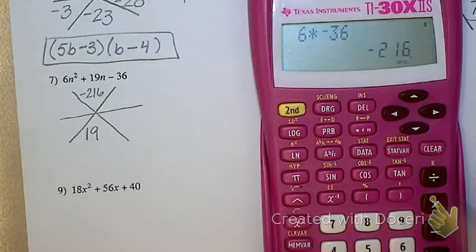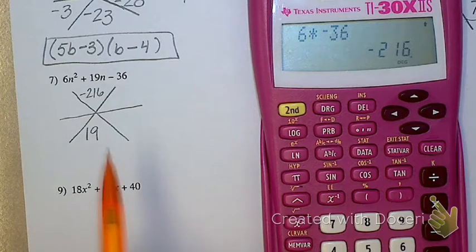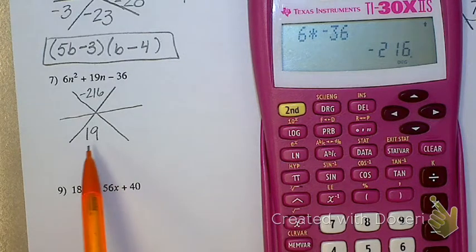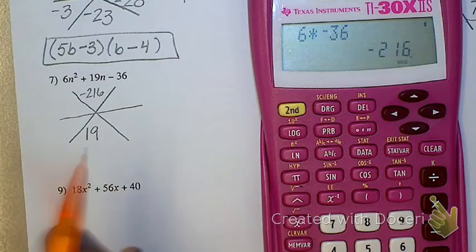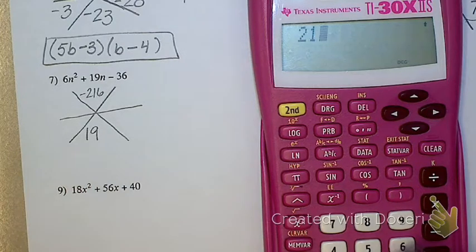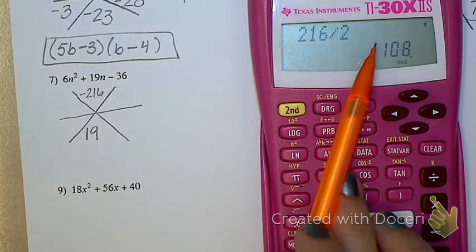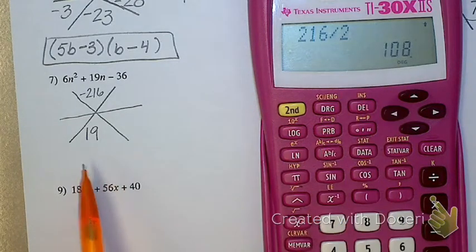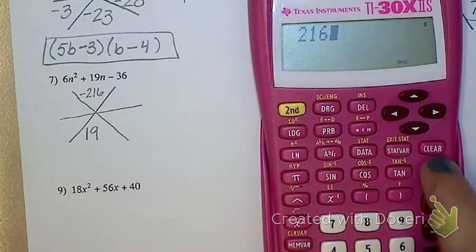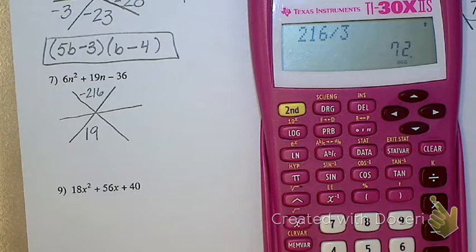So I need to find 2 numbers that multiply to get negative 216 and add to get 19. I'm not going to worry about the negatives right now. I'm just going to try and find 2 numbers that are 19 apart from each other so that I know I can play around with negatives. So 216, I know it's divisible by 2. Are 2 and 108 19 apart? No. How about divided by 3? 3 and 72.